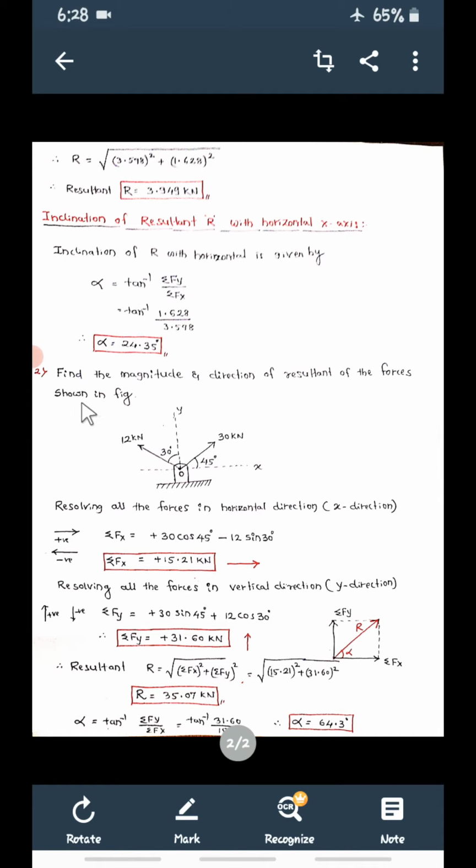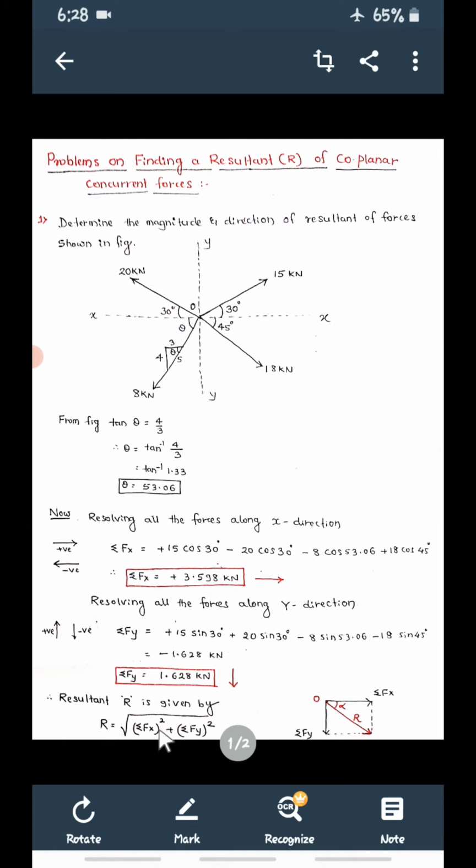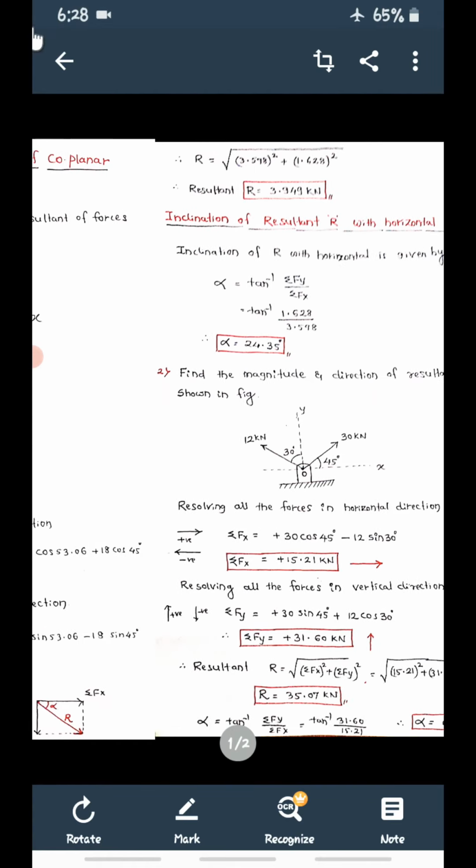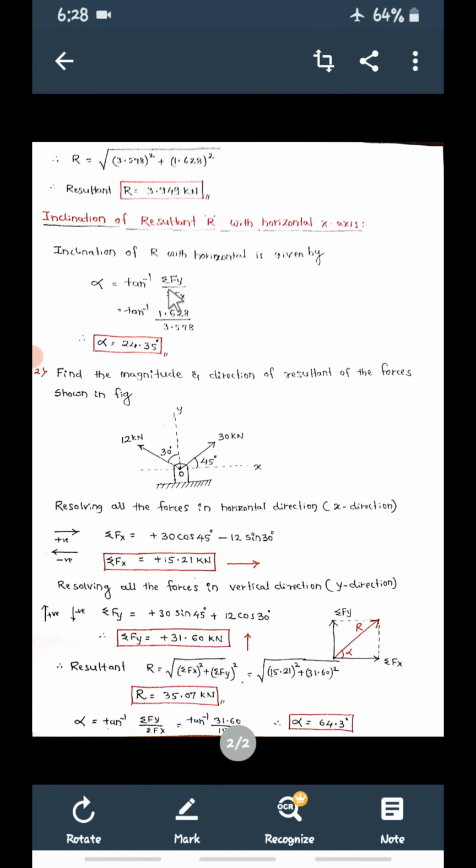And remember, here also when you are substituting the values, don't substitute in minus. Here you have got minus sign, right? Summation Fy is minus, but we have removed that minus sign and we have shown the direction. So always here you have to substitute the positive values only, right? So tan inverse summation Fy divided by summation Fx.